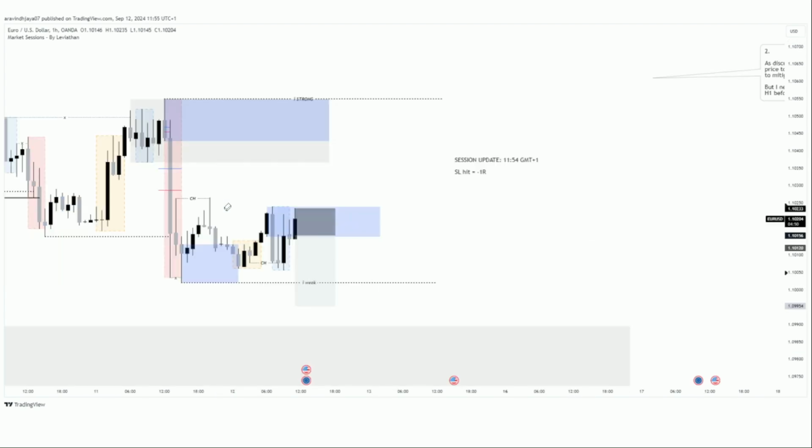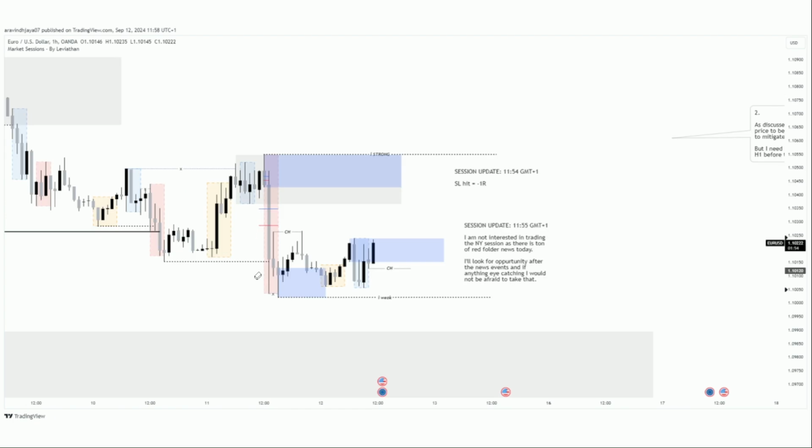And yeah, since it is not actually a chalk, it is just a high chalk, which I realized later. Obviously, this is a liquidity sweep, which means this is a bullish sweep zone that was formed. So at 11:55, I'm not interested in trading the New York session as there isn't enough red folder news. I'll look for opportunity after the news events, and if anything I catch, I would not be afraid to take that.